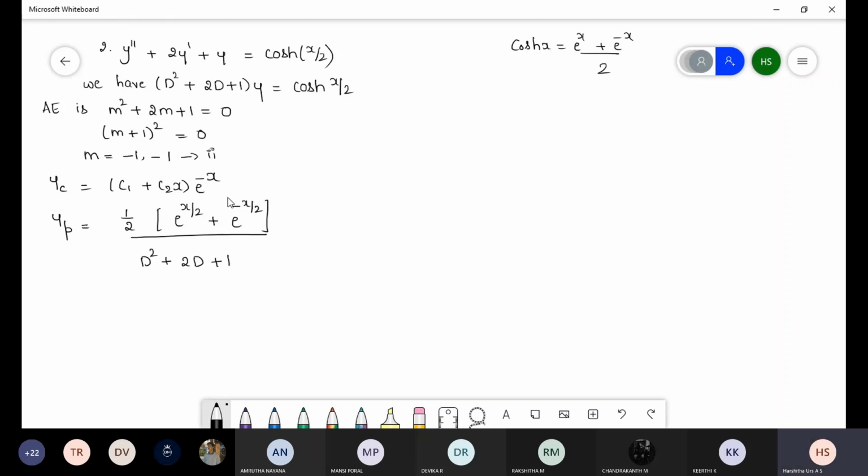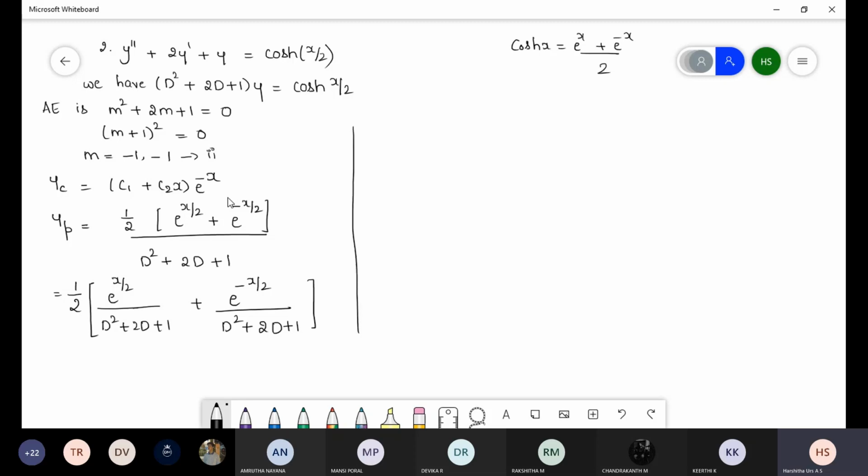Now split this one. 1 by 2 we can write outside: e power x by 2 divided by D square plus 2D plus 1, plus e power minus x by 2 divided by D square plus 2D plus 1.